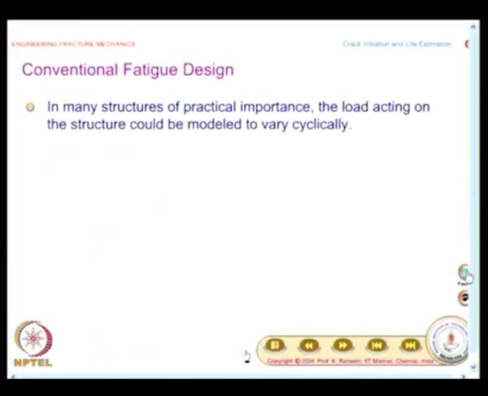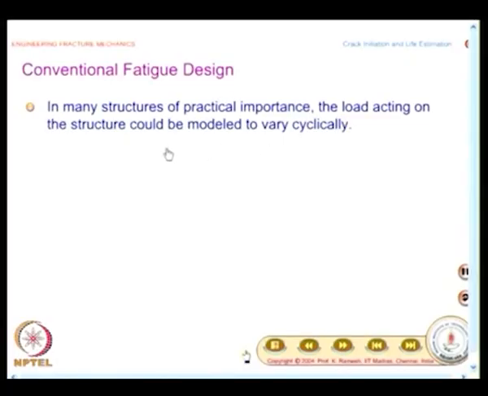Now, we move on to the chapter on crack initiation and life estimation, and before we discuss, it is good to look at what is a conventional fatigue design, because, as you know, many structures experience variable loading, very few structures have monotonic loading.